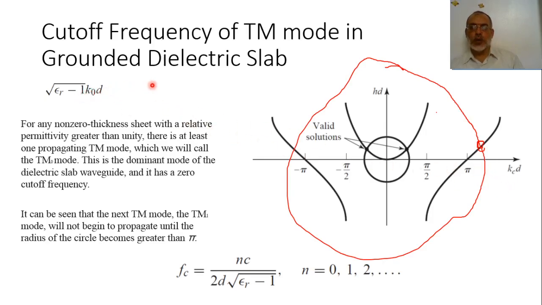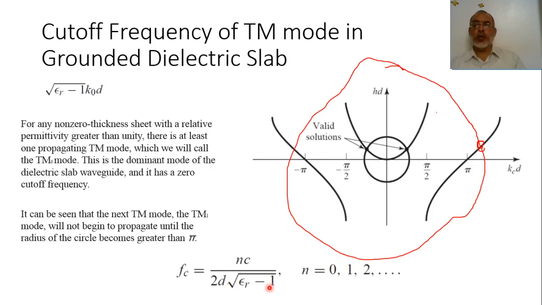So the pi will be eliminated with the pi, and we have c over 2d square root of epsilon r minus 1. In general, the cutoff frequency of the nth mode would be n c over 2d square root of epsilon r minus 1.